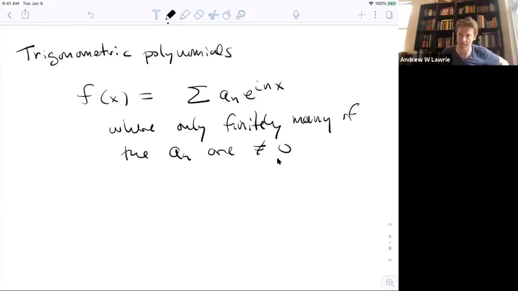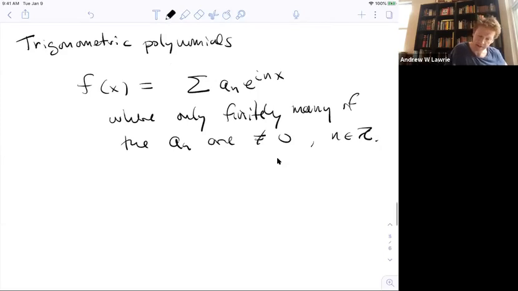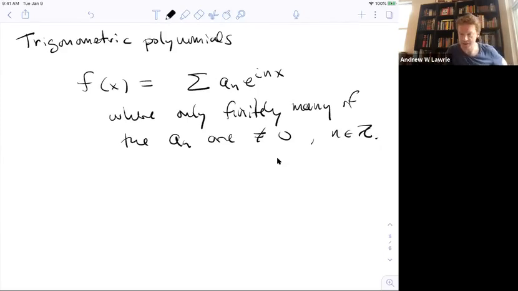So it's a linear combination of these exponentials e^{inx}, with n taken over the integers Z. These are polynomials in e^{ix}. Okay, so this we'll study.